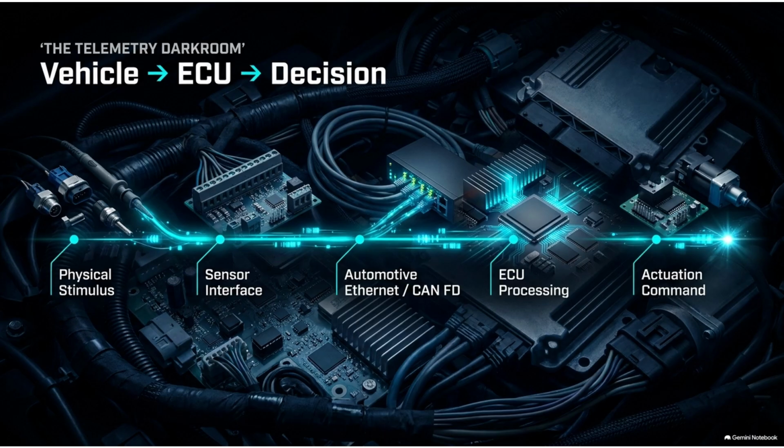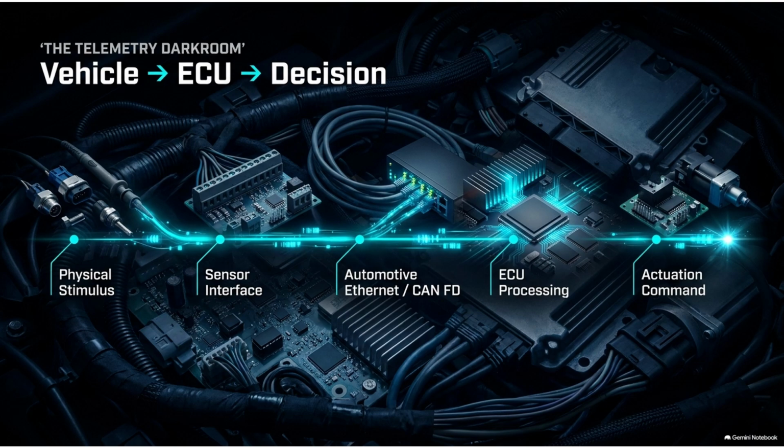Let's trace this signal flow here inside what we call the telemetry dark room. First, there is a physical stimulus, like an obstacle in the road scenario. The sensor interface detects that particular situation. This data travels through the vehicle's network using Automotive Ethernet or CAN-FD interfaces.